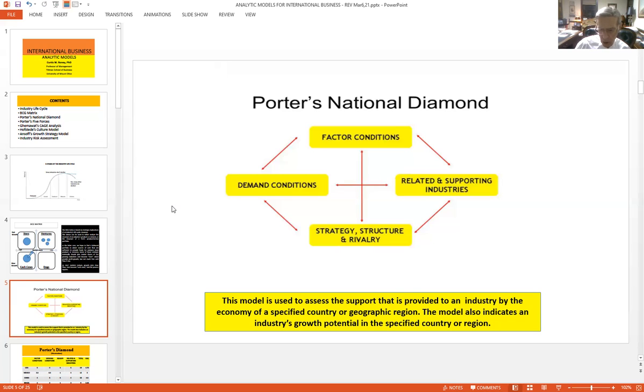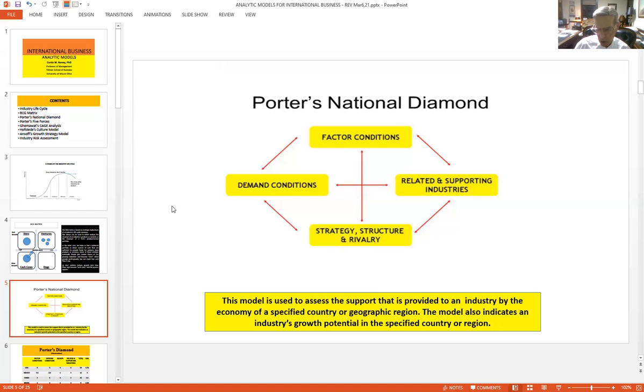Demand conditions is almost self-explanatory. Do we find plenty of opportunity to produce this product or service so we can get lots of practice doing it? And in some parts of the world, there is greater demand for certain products than others.